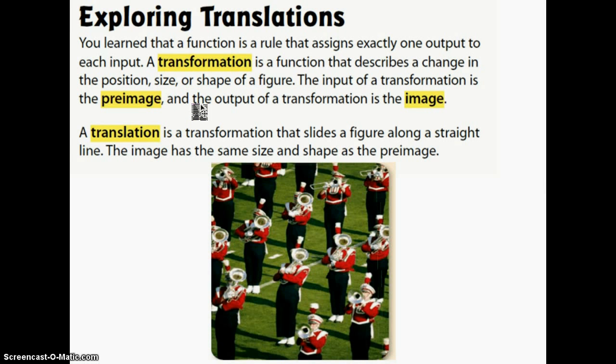Then, of course, the very first transformation that we want to take a look at is a translation that slides the figure, literally slides it along a straight line. The image has the same size and shape as the preimage.